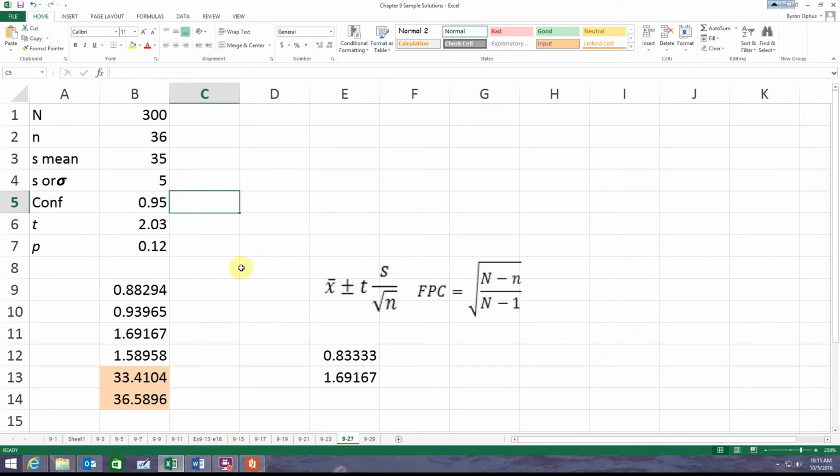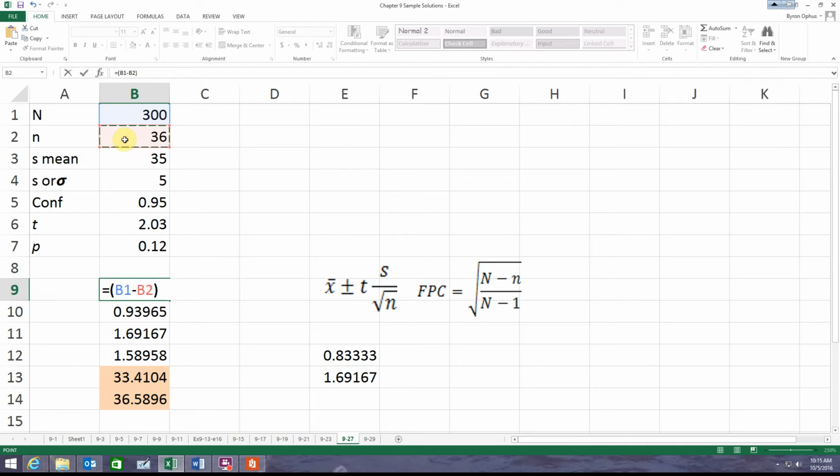Anyhow, I'm going to do each of these formulas separately. My first is this one, and what I've done here is done the inside before I take the square root. So I've got equal to, in parentheses, my big N minus my little n, divided by my parentheses, big N minus 1.